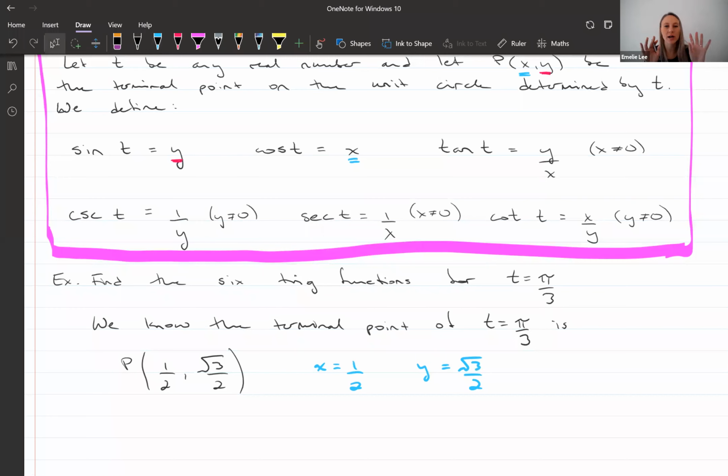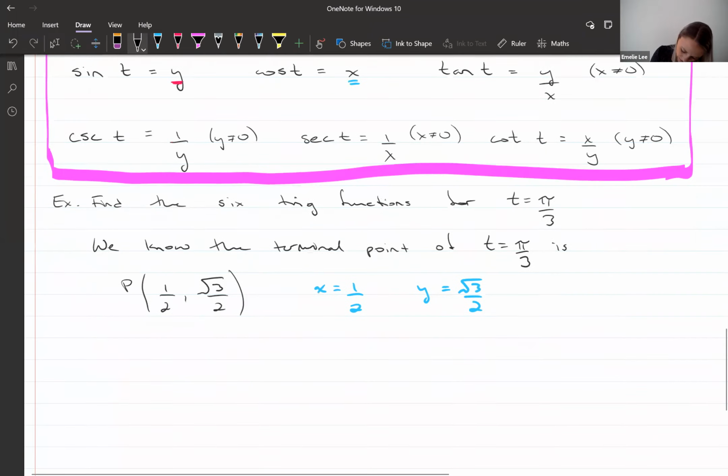Knowing what x and y are here, I can plug those in and solve for the tan of pi over 3, the cosecant of pi over 3, the secant of pi over 3, right? Because t here is going to be pi over 3. So wherever you see a t, you're going to replace it with pi over 3.